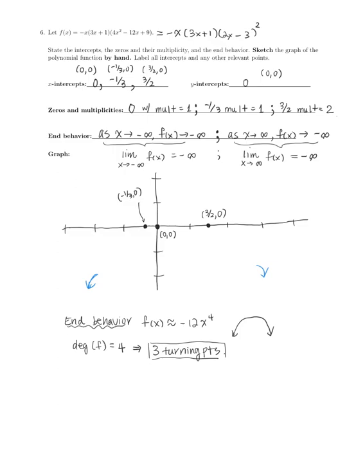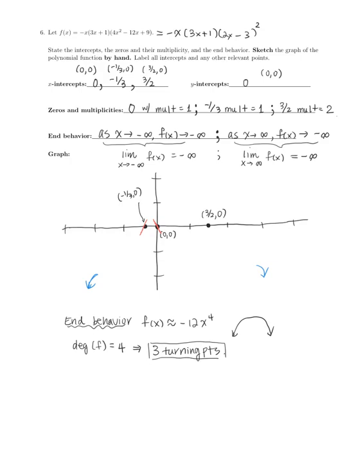Now, the multiplicity is 1 at 0. So in that case, this is going to go straight down, striking down, just like that. And then at negative 1/3, the multiplicity is also 1, so it's going to cut through like a linear function, just like that.